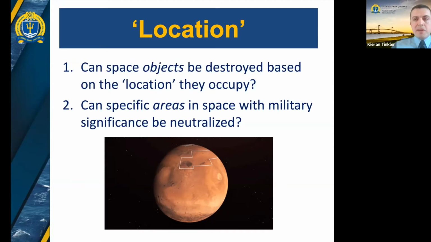So I think there are two main issues. You can get into the zone question in here. So the two main issues are: can objects in space be determined to be military objectives by their location, and then can specific areas in space be considered to be military objectives, and therefore can they be neutralized in accordance with Article 52.2?